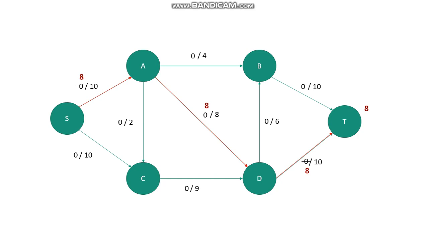Also note that each node must remain in equilibrium, that is, the flow into the node must equal the flow out of it. We're done augmenting, so let's look for the next path. The bottleneck capacity is 2, because edge D to T only has a capacity of 2. Let's update the flow with this value.